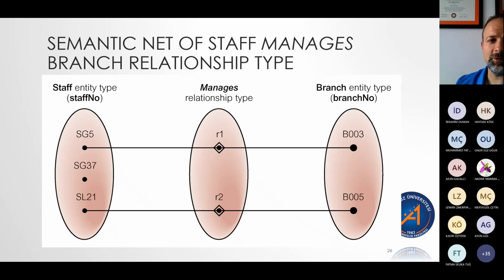So if we look at an example here, a staff who manages a branch, we would call this a one-to-one relationship. Okay. Notice this is not the same as this.